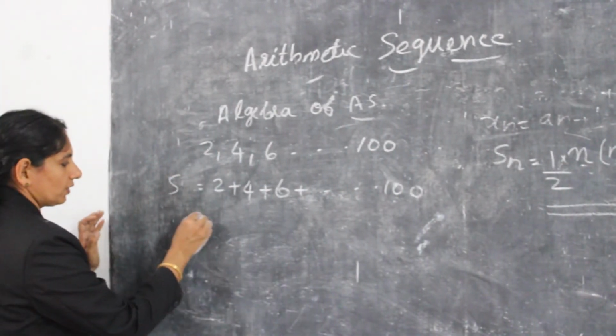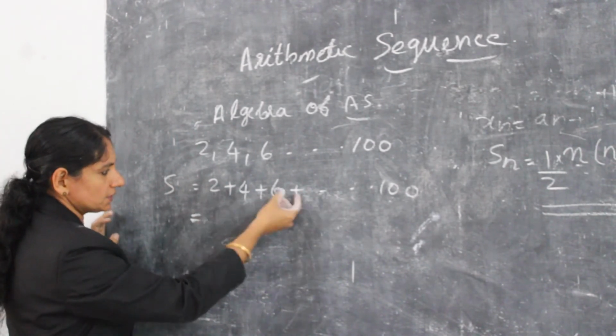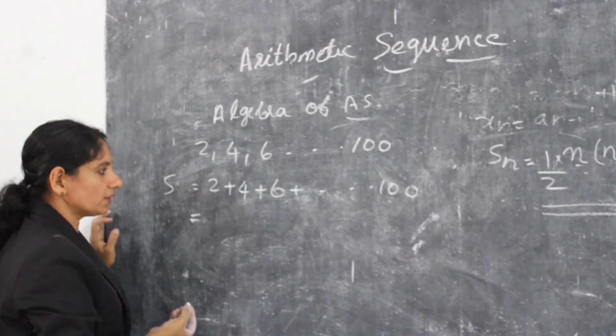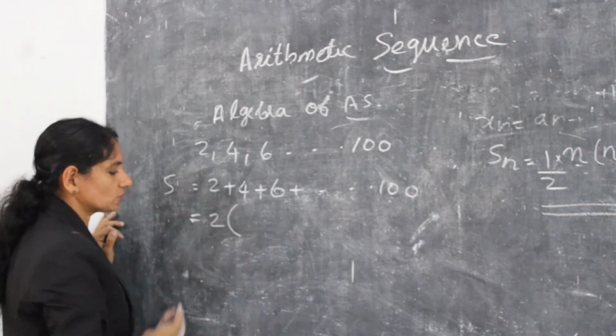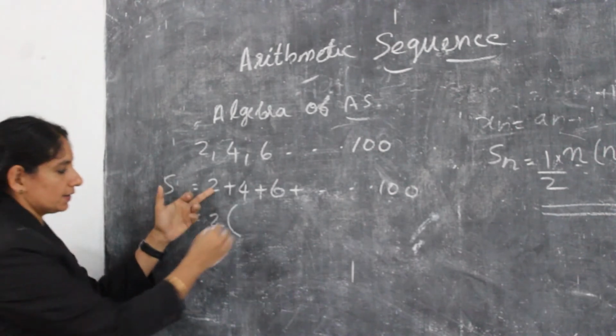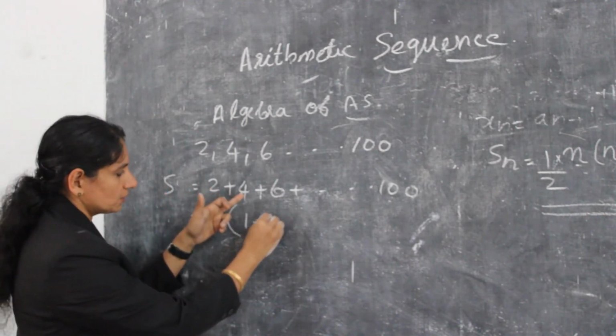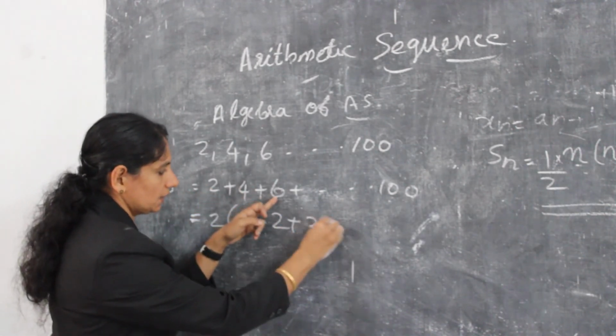Now this is the set of even numbers. All the even numbers are multiples of 2. Therefore, we can take 2 outside. Then the remaining is 1, 2, 3, etc.